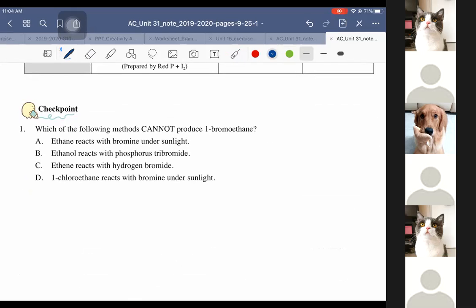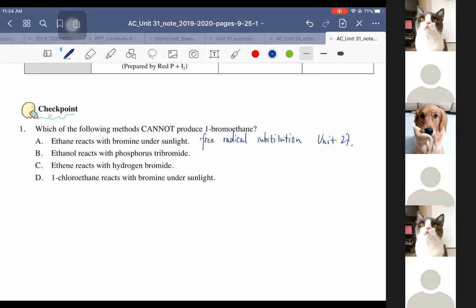If you still remember, that's the free radical substitution, and that's taught in Unit 27. You can refer back to it.